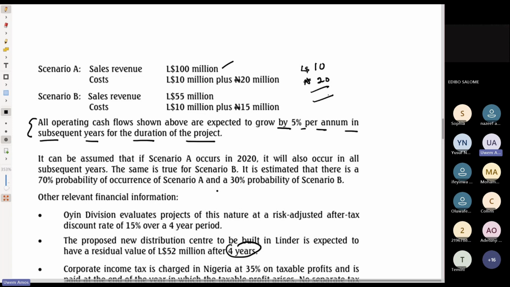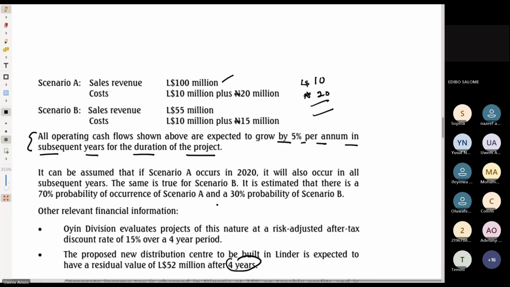But in this case, because we are trying to determine the value in Lindarian dollar, we convert the Naira value to dollar. So that leads us to our second concept, currency conversion. How do we convert from one currency to another currency?